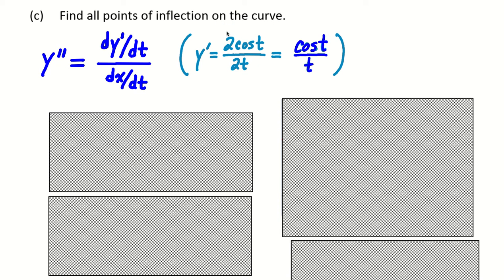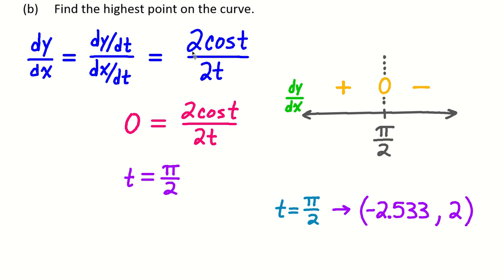I don't want to over-explain this and then confuse you. This was y prime. Y prime was 2 cosine t over 2t. This whole fraction was y prime.